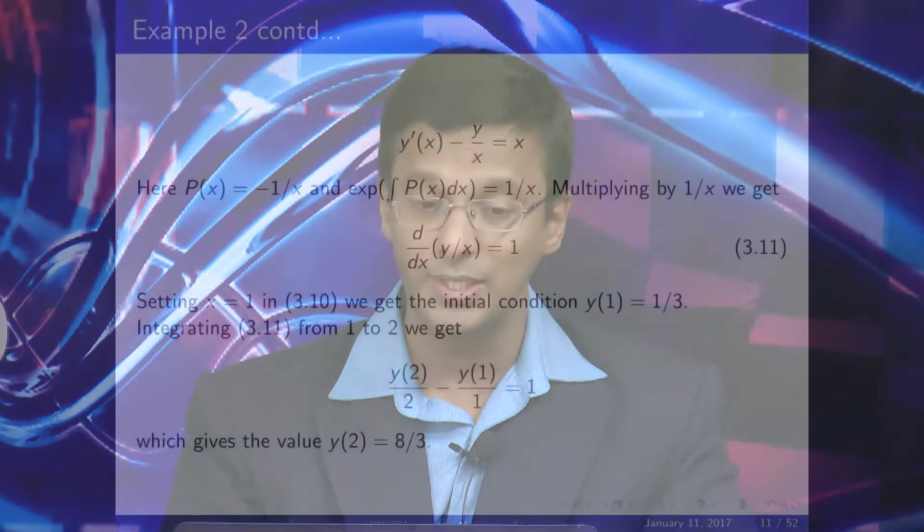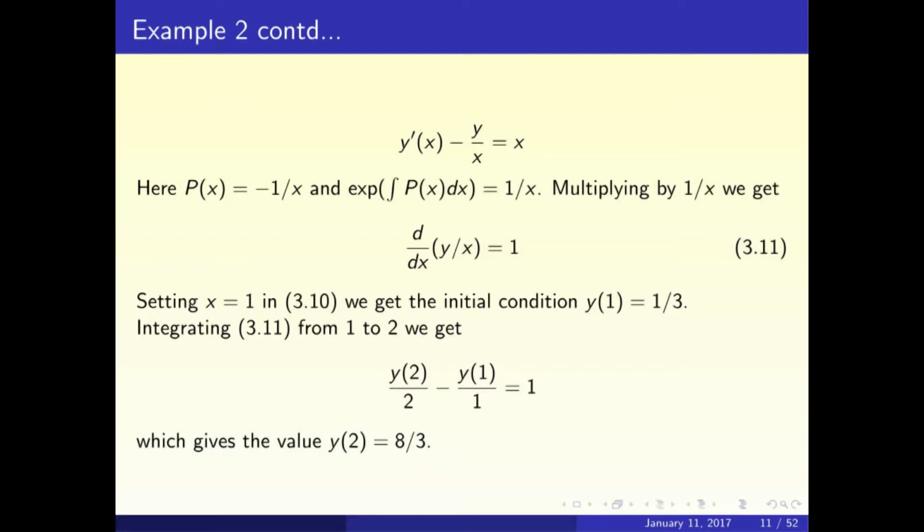So we must multiply the differential equation by 1 upon x. Step 1 is over. Step 1 is integral p(x) dx, that is minus log x, computing e to the integral p(x) dx, that is 1 upon x. Step 2 is what? Multiply the differential equation by whatever you have just obtained. Namely, multiply the differential equation by 1 upon x.